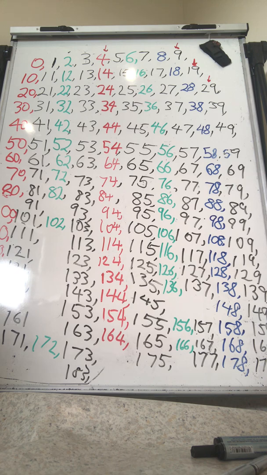Seven times 4 is... I think it's 40. Isn't it? Do you remember what 5 times 4 was? 5 times 4. Yeah.